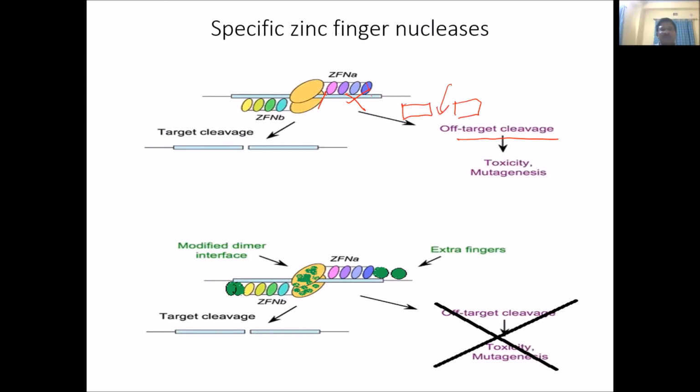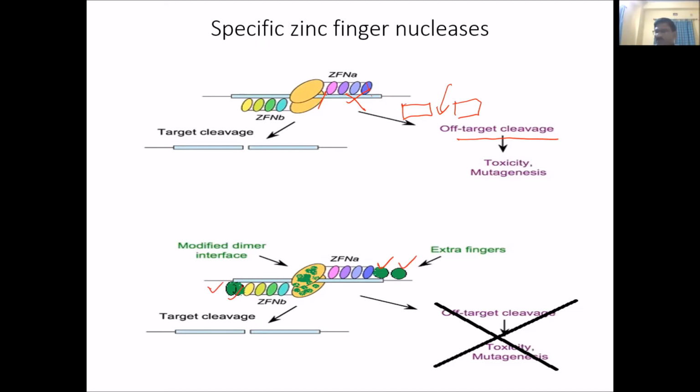So you can block them also by modifying these specific zinc finger nucleases, the particular nucleases which carry out these off-target cleavages. What do you do? You just add some extra zinc fingers here. That means these are the extra zinc fingers that have been added here. Here also.